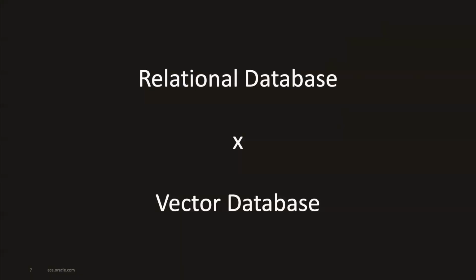All right, so let's start. I'm gonna start doing a quick overview of a relational database and vector database, just to recap some basic concepts. So what is an Oracle relational database? Basically, a relational database is where we store structured data into tables with rows and columns. We use SQL commands to get the data.